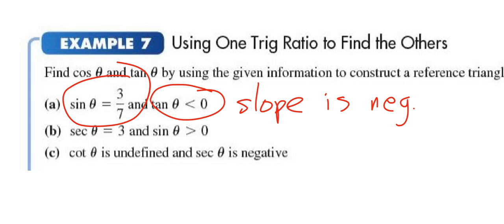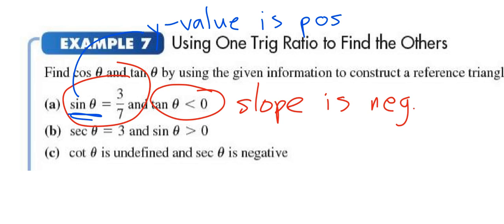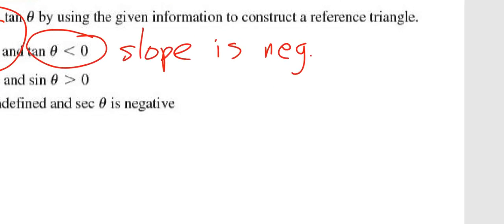What does that mean? The y value is positive. Y value is positive 3/7. So they have given you enough information to go figure out which quadrant you're in.